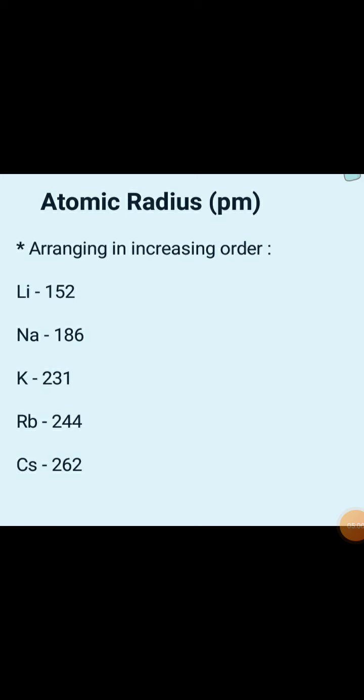And when shells are added, we can easily understand that the distance between the nucleus and the outermost electron will increase. And this means that the atomic radius and atomic size increase.